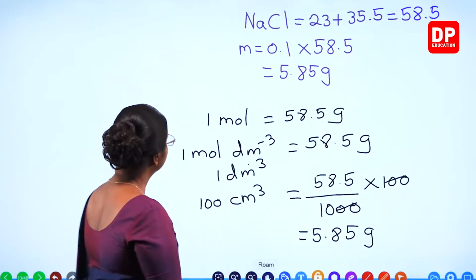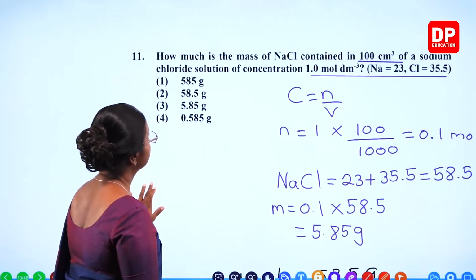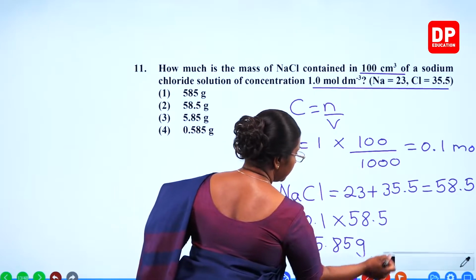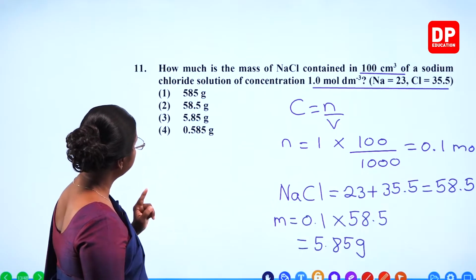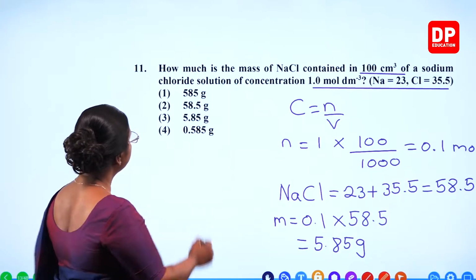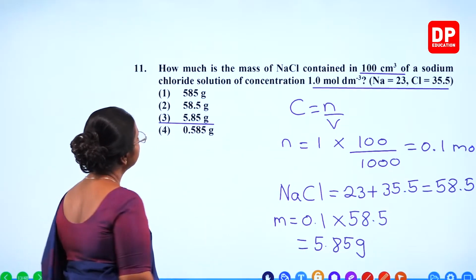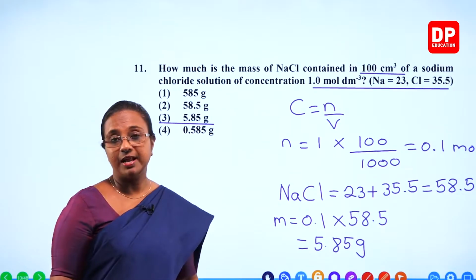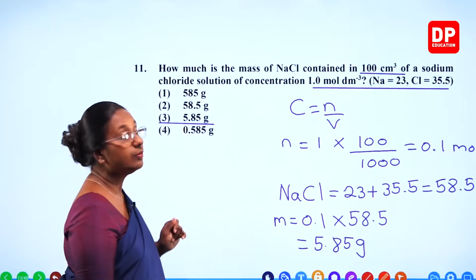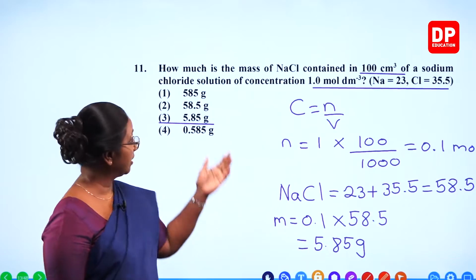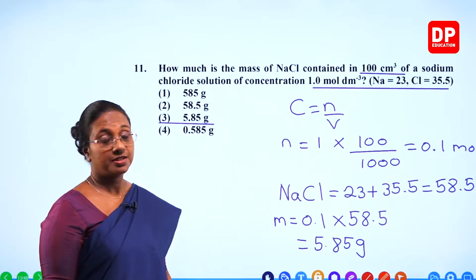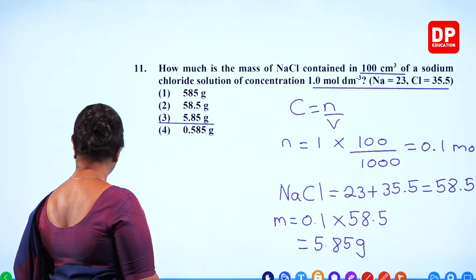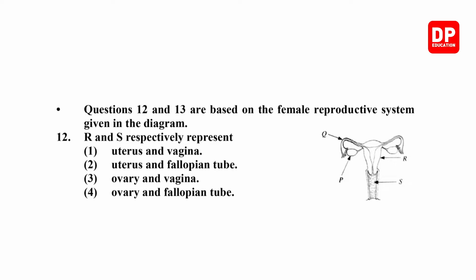So, the answer is 5.85 grams, not 585 grams, 58.5 grams or 0.585 grams. That's how we calculate the amount of sodium chloride in a particular solution. Is that clear, students? So, with that, the next question, number 12.